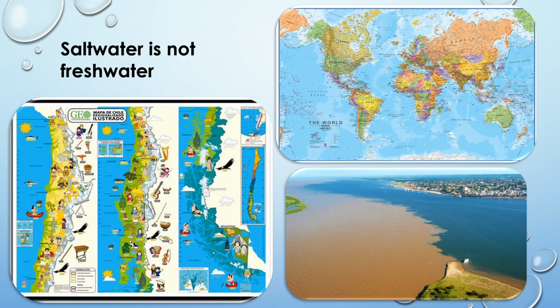That means that we need to consume water. So if you drink salt water, you become thirsty and then you need to drink more water. That's a big problem, okay? Because salt can be dangerous in excess for our health.